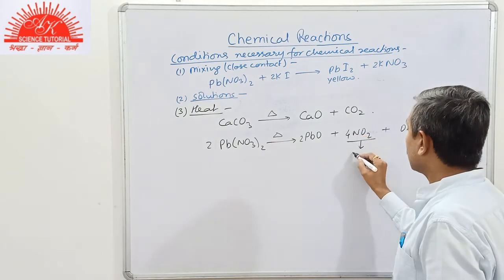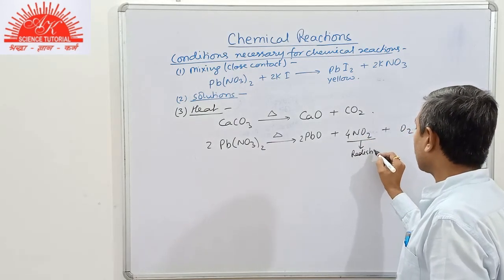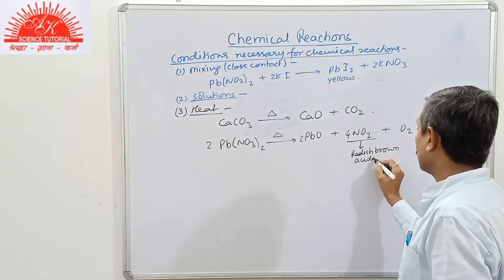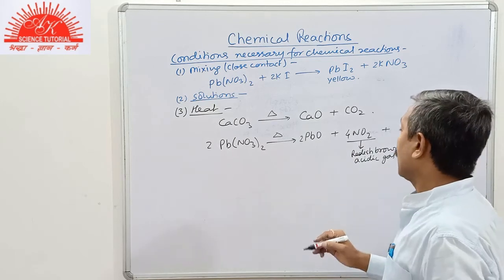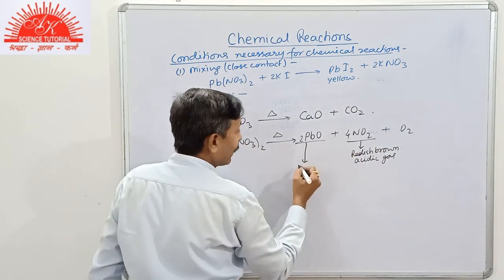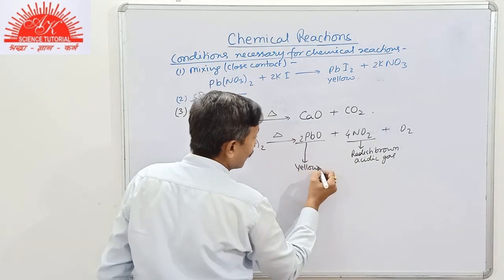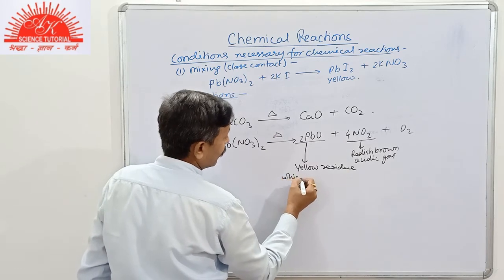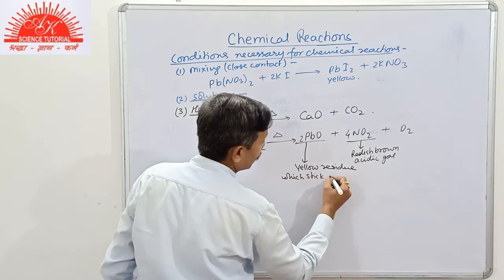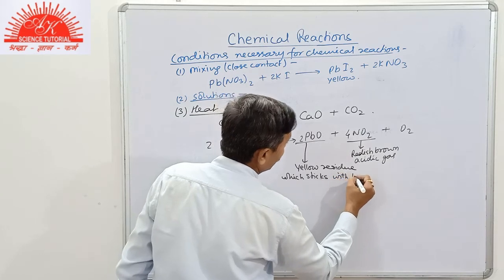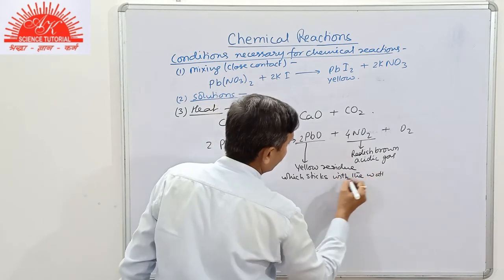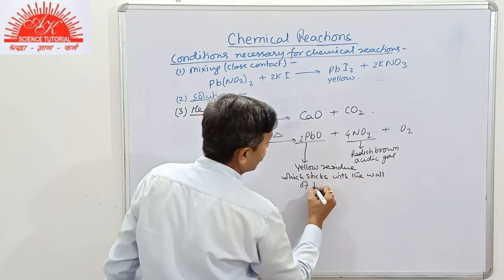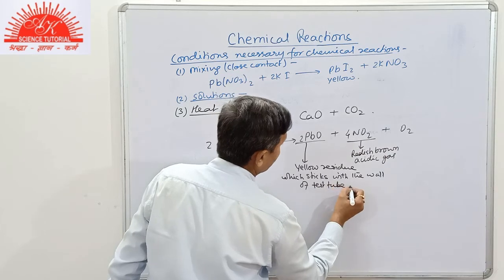Here NO2 is a reddish brown acidic gas, which is evolved, and here this is a yellow residue, which sticks to the wall of the test tube or glass apparatus.